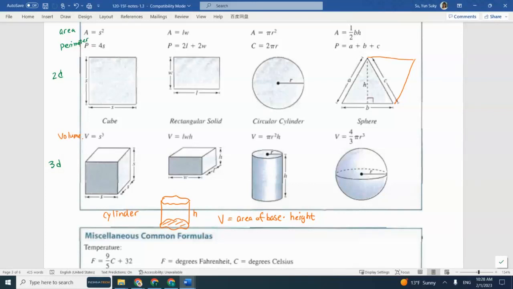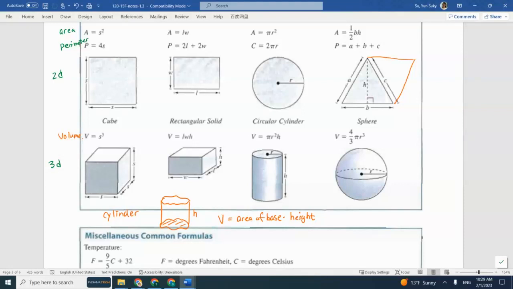Yeah, everybody? Circle cylinder, area base, circle, pi r squared times height. Yeah. Sphere, well, this one, we gotta memorize it. 4/3 pi r cubed. This is a formula. Okay, so no quick way to just memorize it.